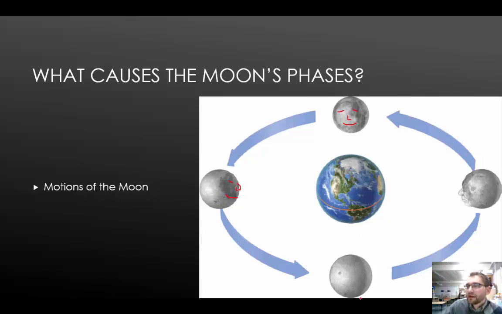And on this side we would not be able to see the face of the moon. So as the moon revolves around the Earth, it also rotates at the same rate, leaving one side of the moon constantly facing the Earth.